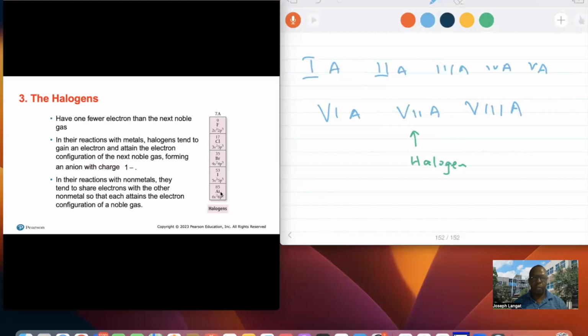All group 7 have 7 valence electrons, and they gain 1 electron to be like group 8.